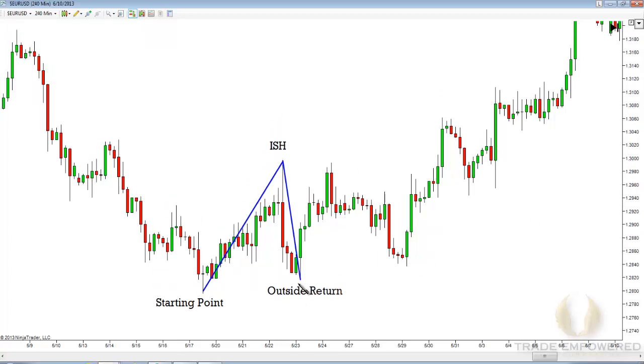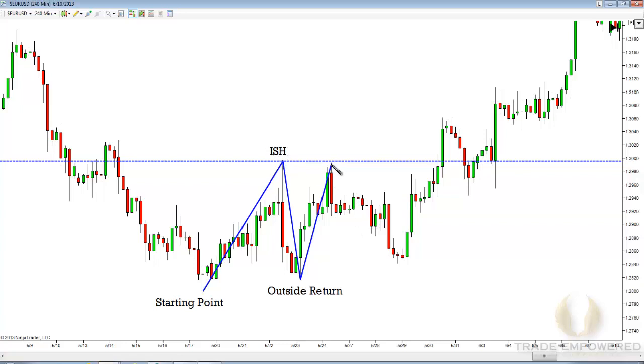Now, this time, as we push up, you can see we test our initial structure high, but we never get that higher high, higher close. So we can't label this as a new structure high because we don't get a higher high, higher close above this level, so above our previous structure high.